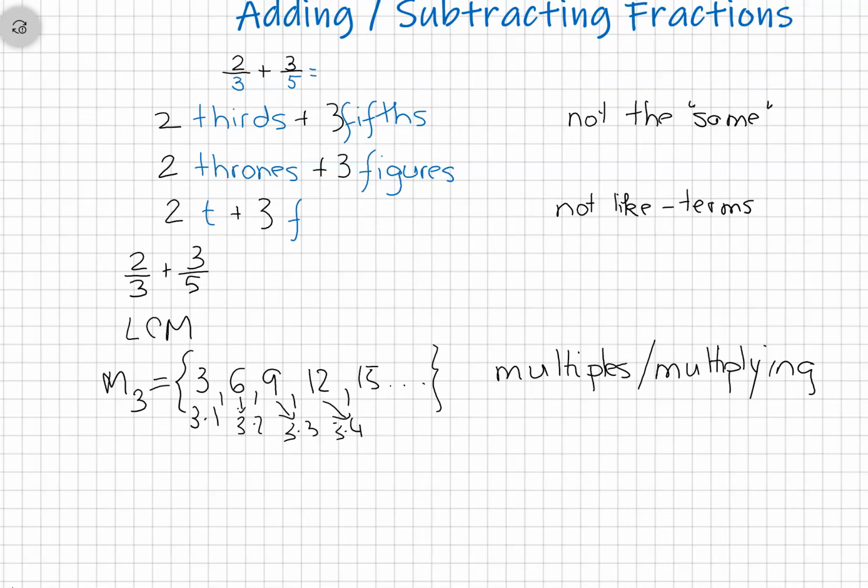So 3 itself is found in any of these multiples. It's 3 times something. 24, for example, is a multiple of 3 because 3 is in there. You can see 3 times 8.